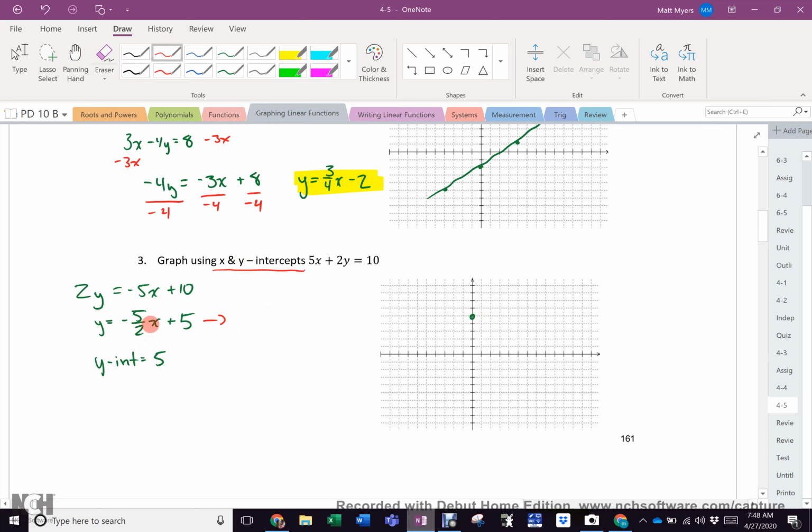So my x has to be something, but my y is 0, right? So 5x plus 2 times 0 equals 10. 5x equals 10, x equals 2. 1, 2. And there's my graph.